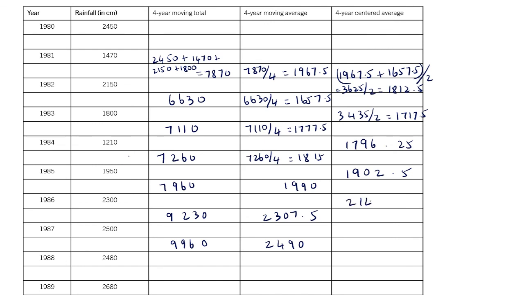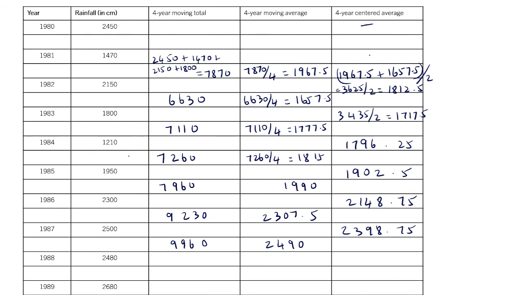So it is 2148.75. And then the last value, 2307.5 plus 2490 divided by 2, the average of these two. So it is 2398.75.